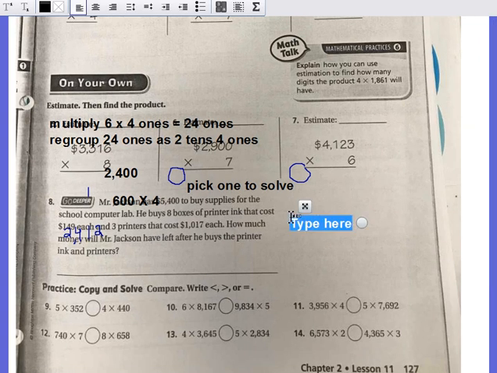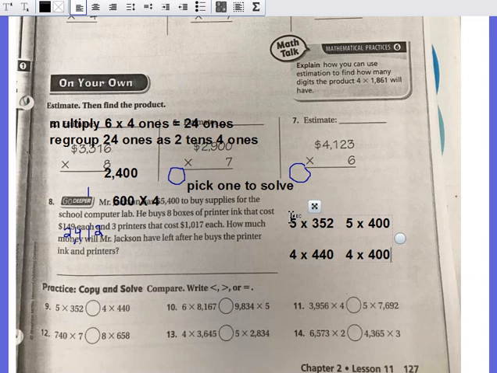Okay, so for number 9, I guess if I were you, I would think about maybe an estimate here. That would help. So we have 5 times 352. Okay, so if I were to estimate that, I would take 5 times 400. And then for that next one, we have 4 times 440.